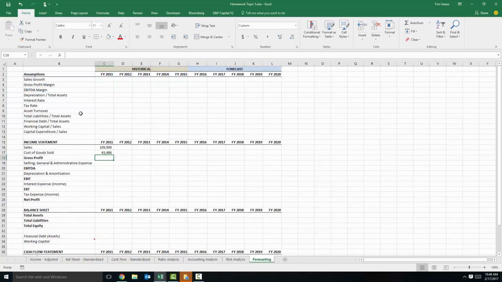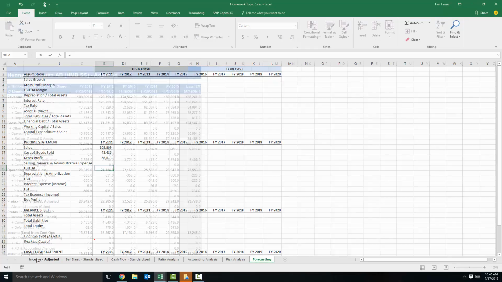Now we have those two figures, we can calculate the gross profit ourselves by subtracting cost of goods sold from sales. Then to get the selling, general, and administrative expenses, you can get that yourself from the income statement, or you can take a slight shortcut by instead finding the EBITDA.